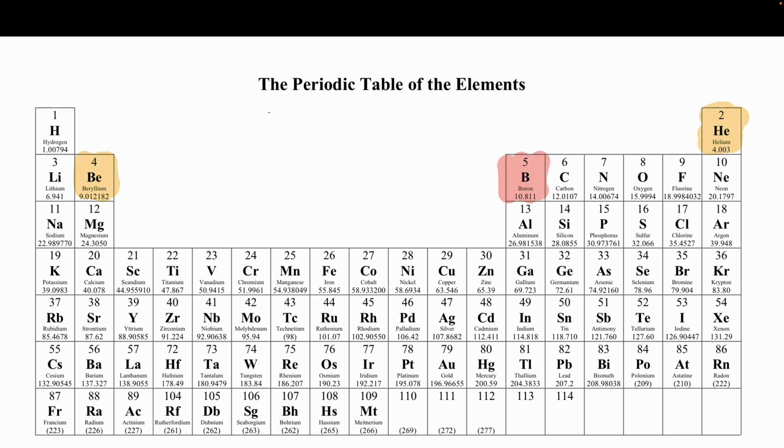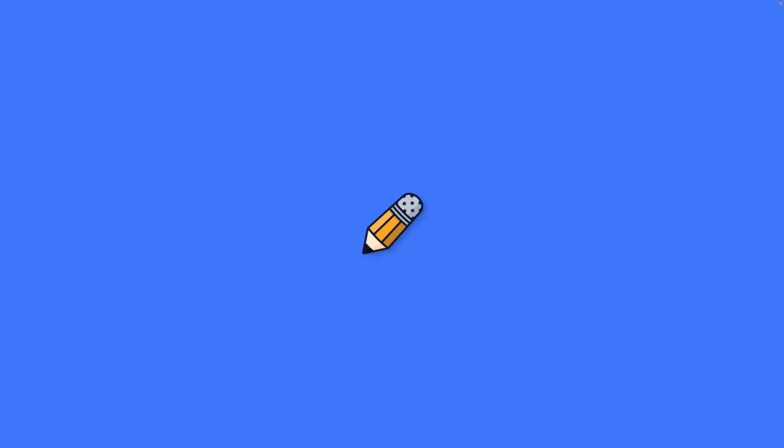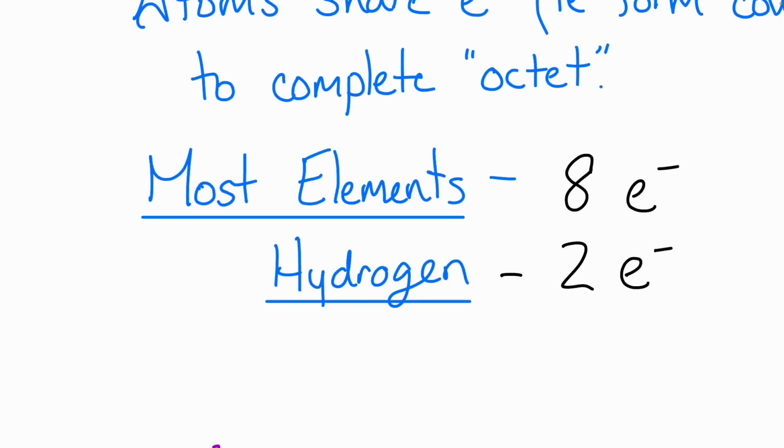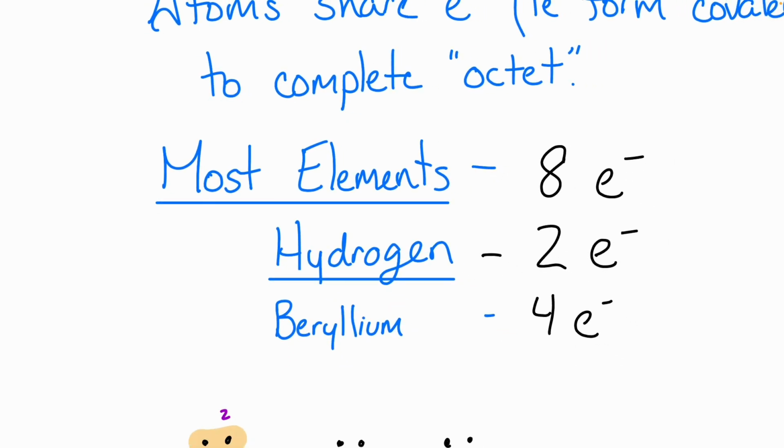Elements 4 and 5. All right. Just to complete our list here, beryllium only needs 4 electrons to fill its octet, and boron needs a total of 6 electrons to fill its octet.